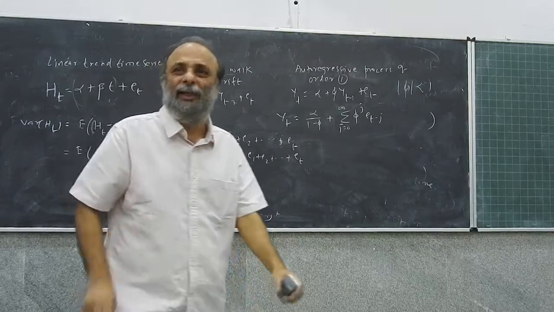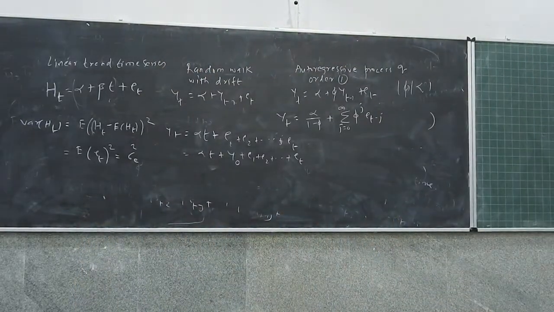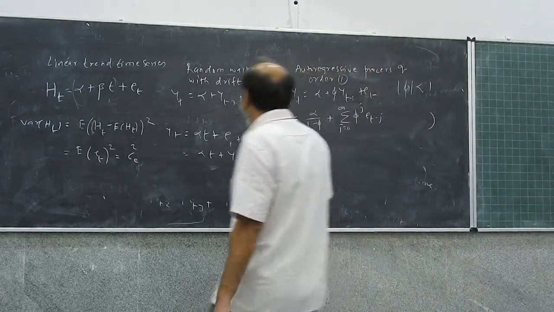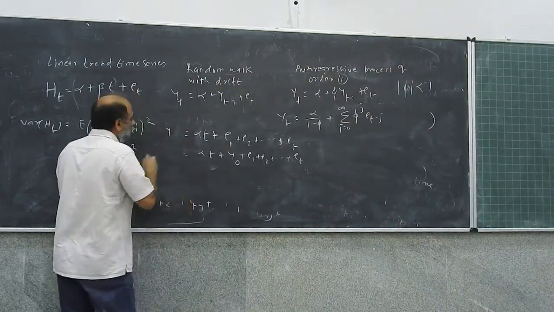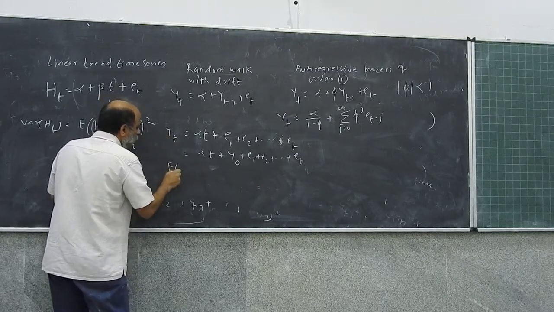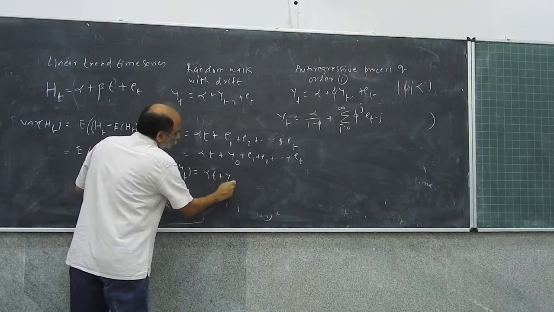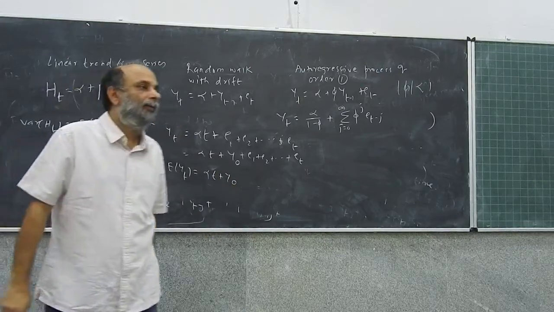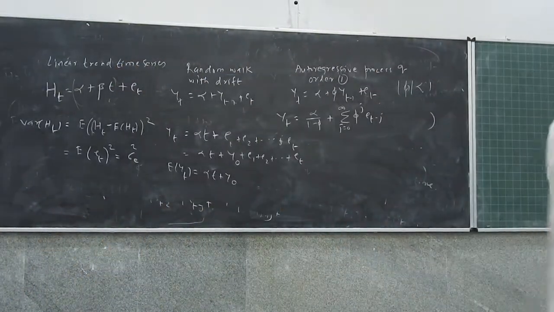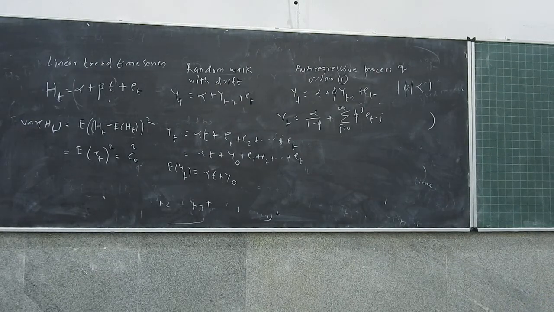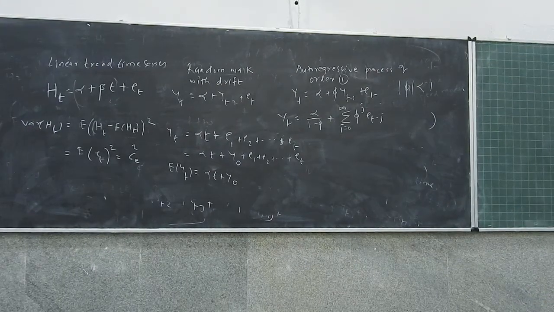Instead of J, I am using T now. So we know that the expectation of YT is alpha T plus Y0, because the expectation of E is 0.